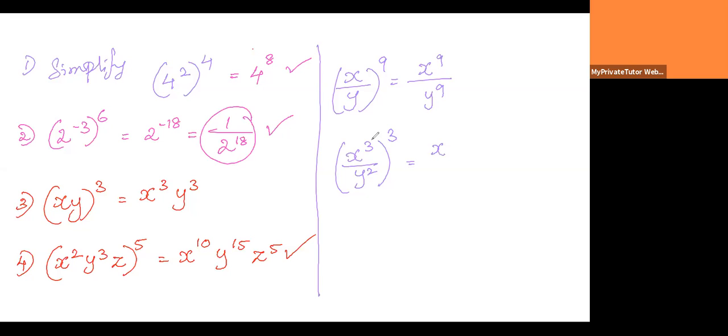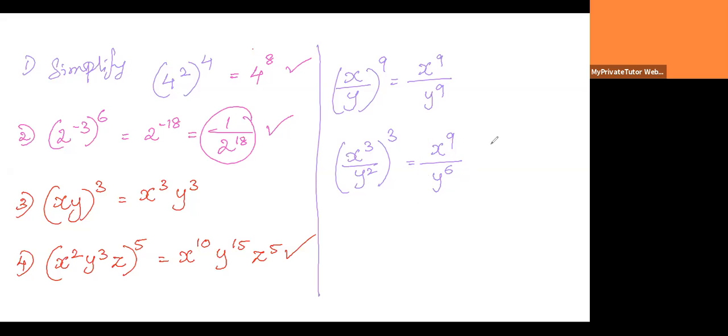x, what is 3 times 3? 9, whole divided by, so we already have 2 as an exponent. We are going to multiply 2 and 3 here. So y power 2 times 3, which is 6. That's it. So can we simplify any further?